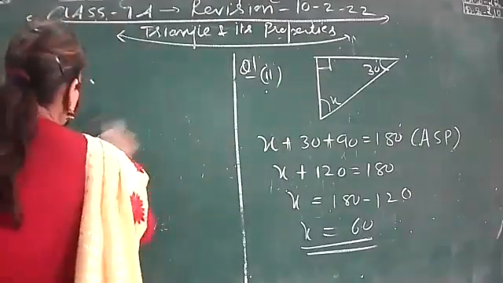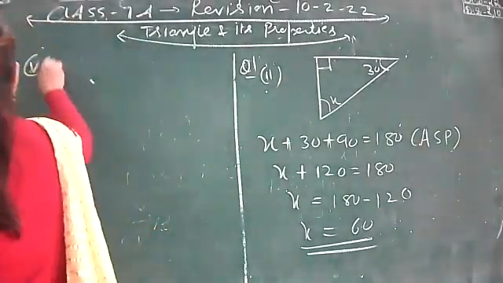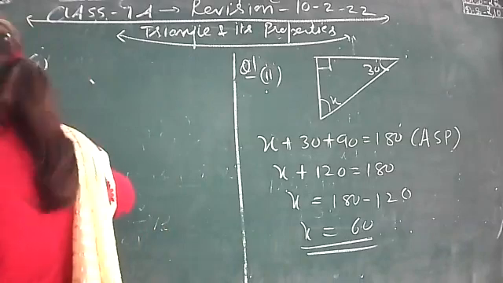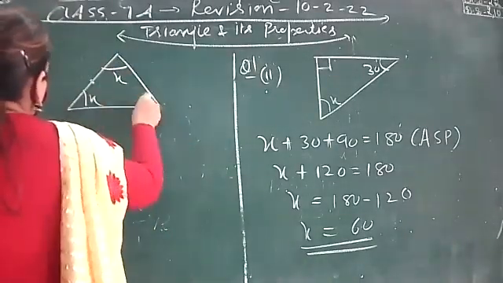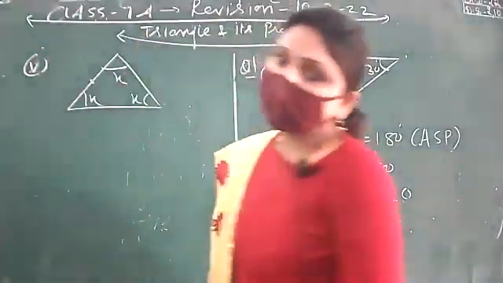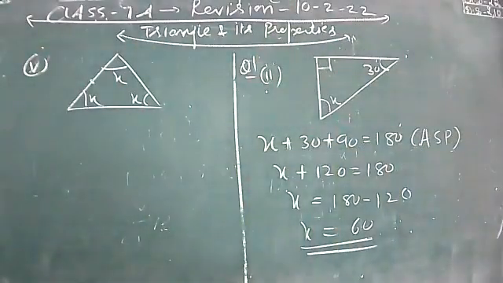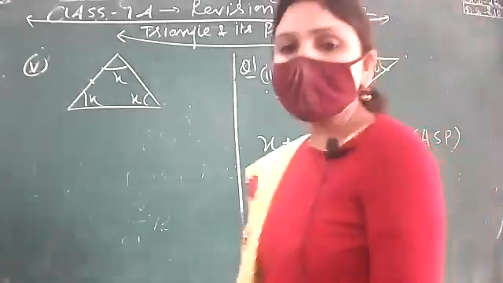Let us do the fifth part. All the angles are equal. So this must be which kind of triangle? Before finding the answer, we know that the answer will be 60 degrees, since each angle of an equilateral triangle is 60 degrees.